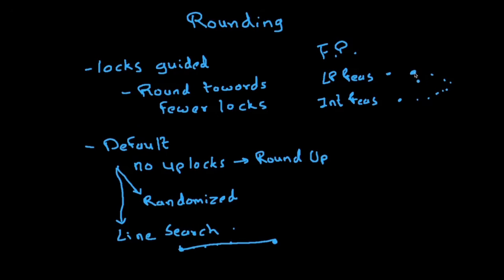Right, so the goal is that we want to stay as close as possible to this integer feasible solution. But notice that in this kind of rounding technique, we use this default rule. So if the variable doesn't have any up locks, then we always round it upwards. So for this kind of variable, HiGHS would not set any objective cost. It will set the objective cost to 0. Same thing when the variable doesn't have any down locks as well.